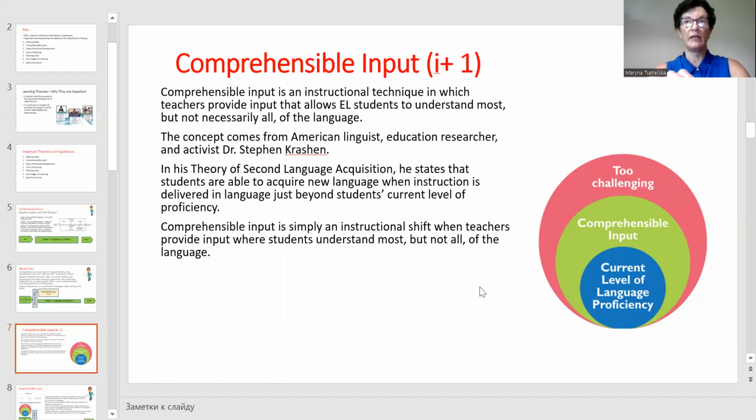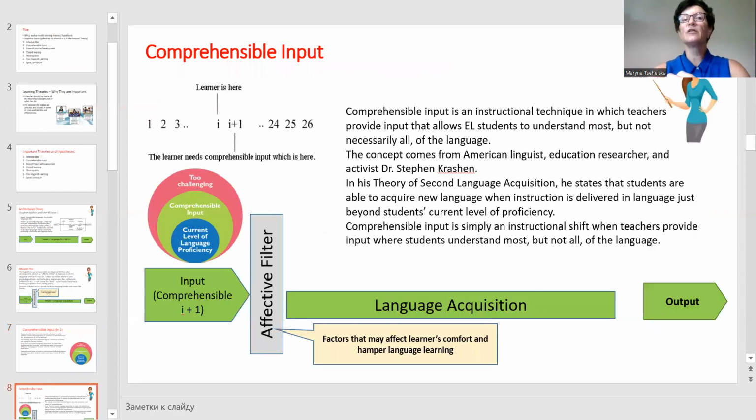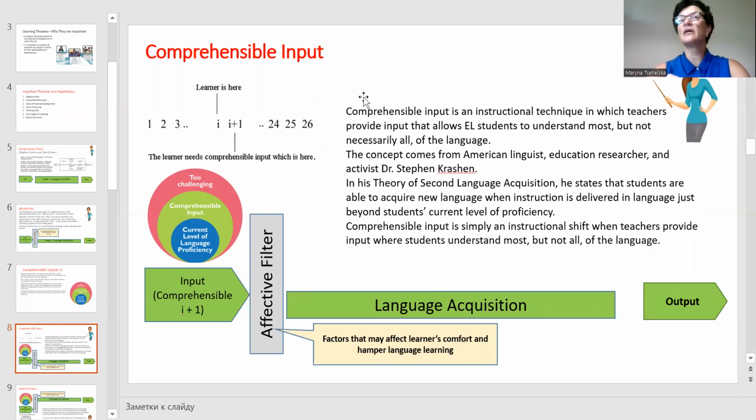Comprehensible input, again, this is the theory by Stephen Krashen, tells us that the students are able to acquire new language when the instruction and the material are just beyond the student's current level of proficiency, meaning that everything should be just a bit difficult, not really difficult, and not too easy. So it brings us to the idea of comprehensible input. The students have to understand it, to comprehend it, and to be able to process it.